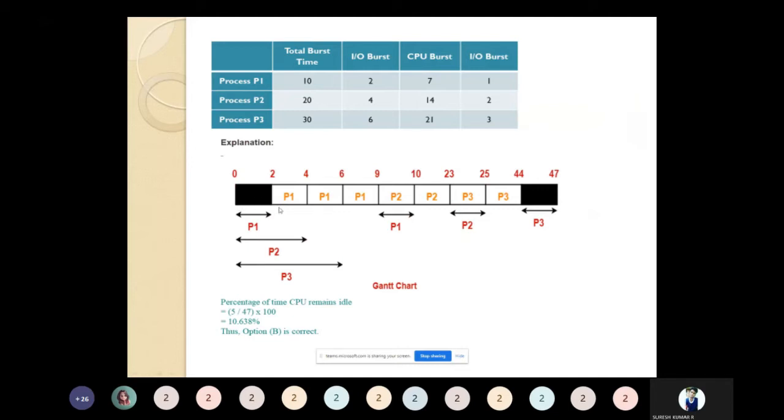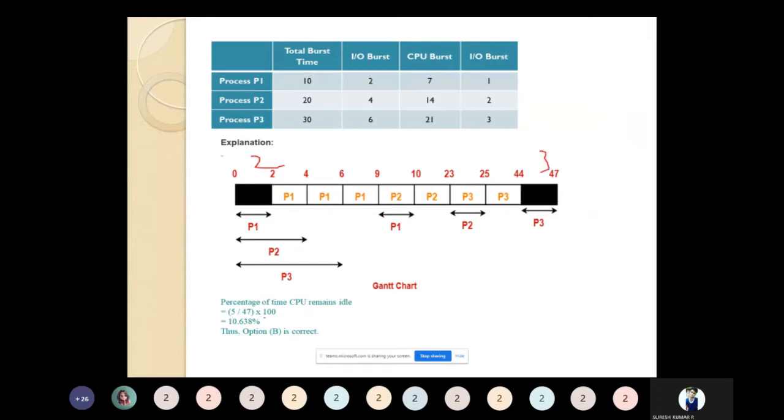For 0 to 2, no process arrives, because at 2 milliseconds only P1 enters. So for the first 2 milliseconds the CPU is idle. Then P1, then P2, and finally P3 is completed, and at the end the last 3 are also idle. So the first two and last three are idle.